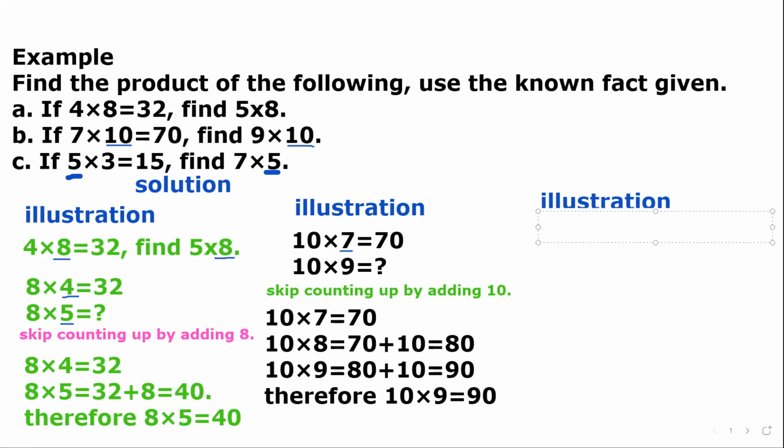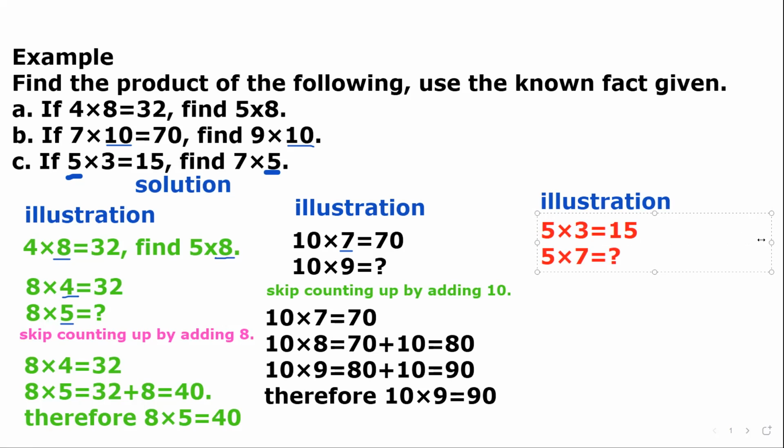So here we start solving. The known fact will start with 5 times 3 equal to 15. Then what does the question say about the next one? You should find 5 times 7 equal to unknown. Okay, good.